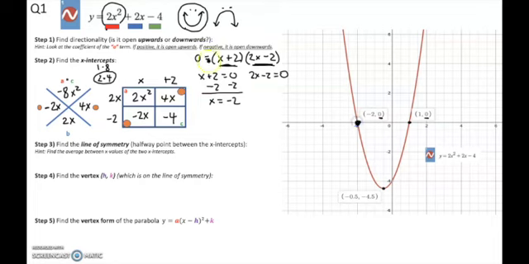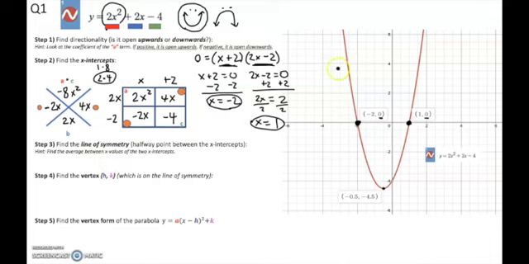Here's our first x-intercept. And to solve this one, we're going to add 2 to both sides, leaving us with 2x is equal to 2. Divide both sides by 2 to get x is equal to 1. 1 is our second x-intercept. So here are our x-intercepts.